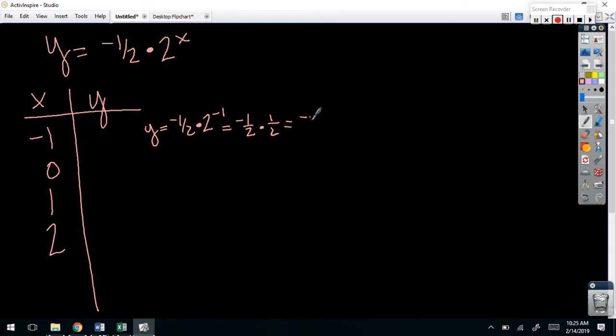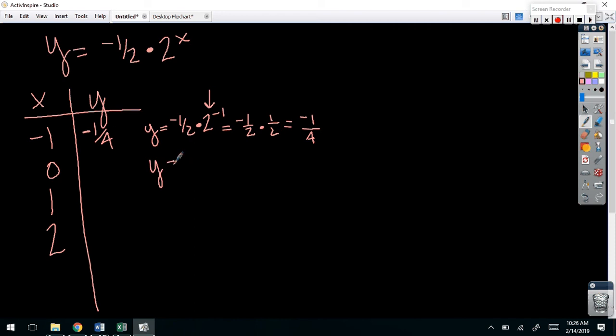So it's -1/, what's 2 times 2? 4. -1/4. Only when I flipped the 2 because the exponent was negative. Okay. That should be your hardest one from there. It should be easier.